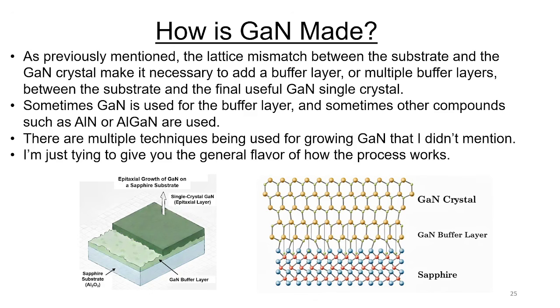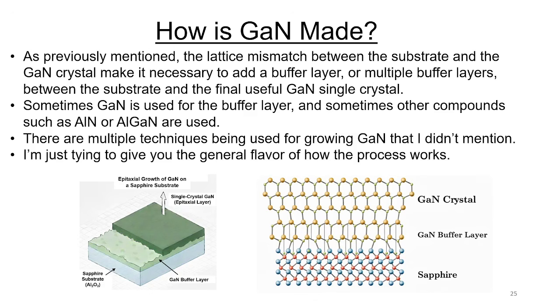As previously mentioned, the lattice mismatch between the substrates and the gallium nitride crystal make it necessary to add a buffer layer or multiple buffer layers between the substrate and the final useful gallium nitride single crystal. Now sometimes gallium nitride is used for that buffer layer, and sometimes other components are used, such as aluminum nitride or aluminum gallium nitride. Now the gallium nitride buffer layer is what Nakamura used in his original experiments.